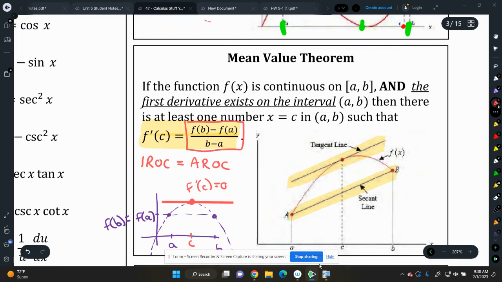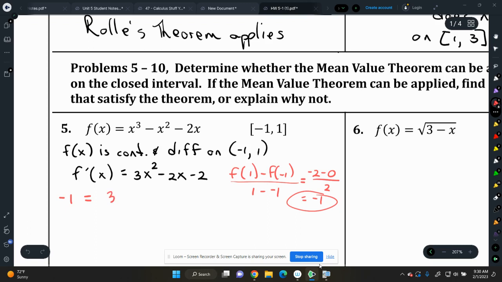And we're setting that equal to the derivative, which is 3x squared minus 2x minus 2. Again, if it's a calculator section, put it in your calculator and calculate the intersection. If it's not a calculator section, we're going to add 1 to both sides. So this is going to factor.